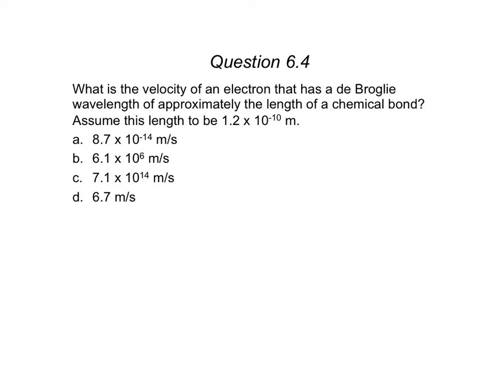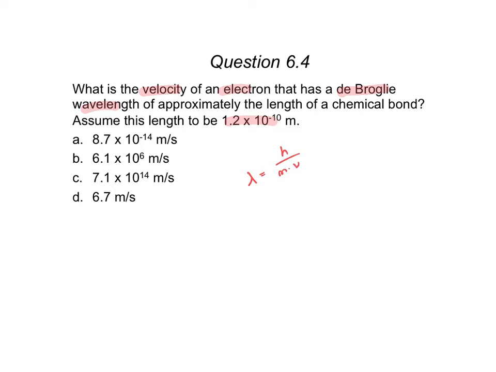Okay, so where would you actually need to use this de Broglie equation to calculate the wavelength? Let's say that we had a problem where I wanted to know the velocity of an electron that has a de Broglie wavelength of about 1.2 times 10 to the minus 10th. How would I go about doing that? I would use my little de Broglie equation. Wavelength is equal to h over mass times velocity.